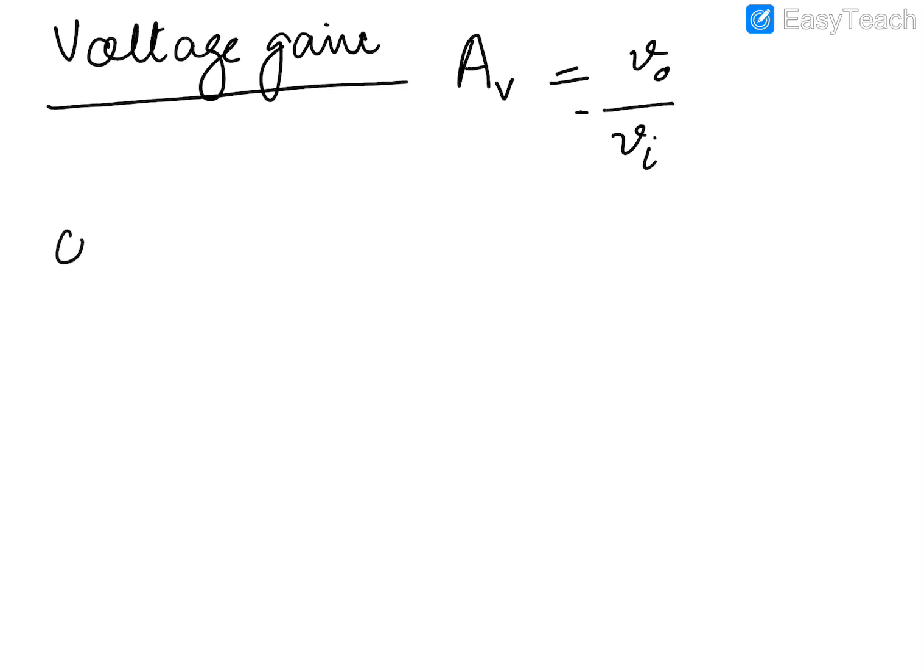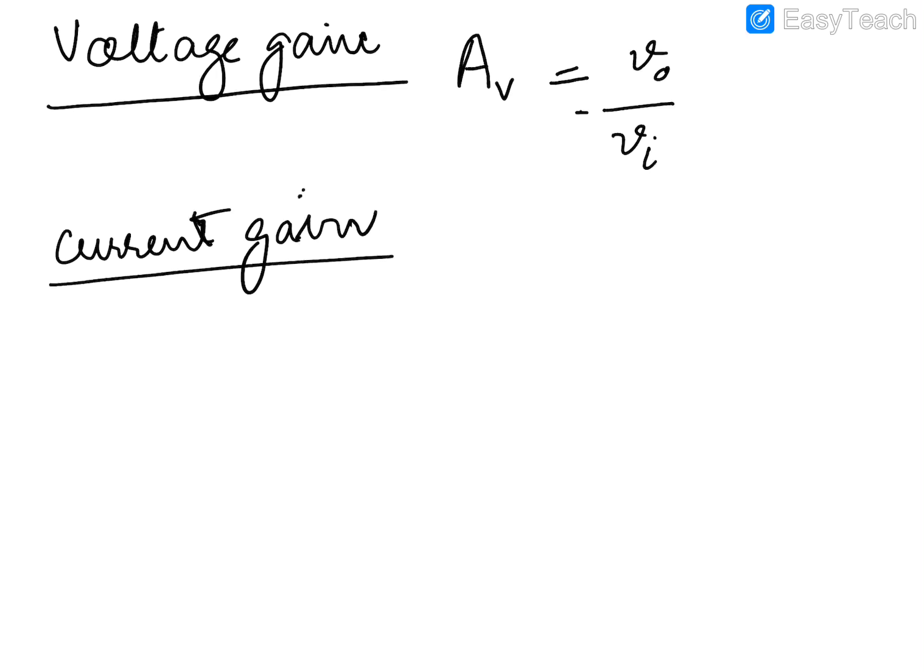Next is current gain. The current gain with the subscript I is simply the ratio of output current divided by input current, and if the direction of both currents is opposite, then there will be a negative sign with the current gain.